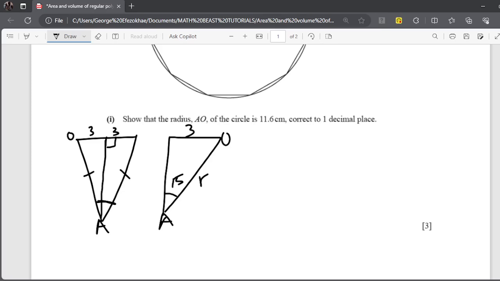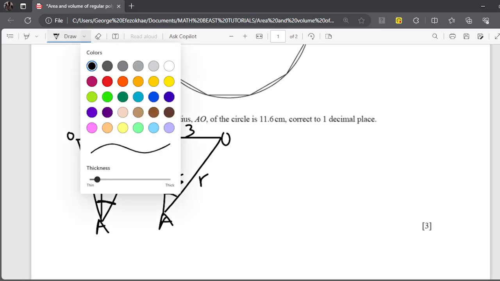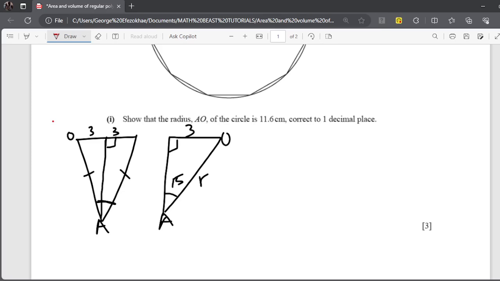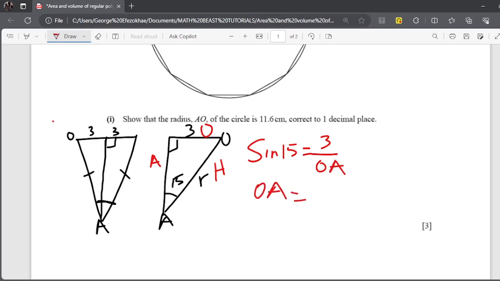So this OA is the radius of the circle. With that in mind, we can use SOHCAHTOA. This is the opposite, this is the hypotenuse, and this is the adjacent. So I can use opposite over hypotenuse, and that's sine. So sine 15 degrees will be equal to 3 over OA. So OA will be equal to 3 divided by sine 15 if we cross multiply.